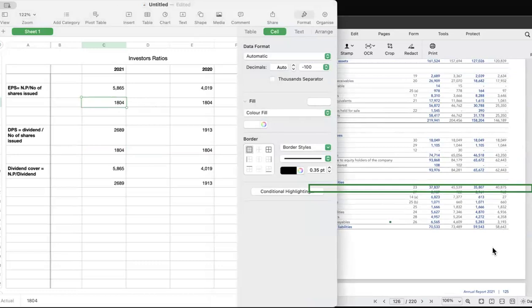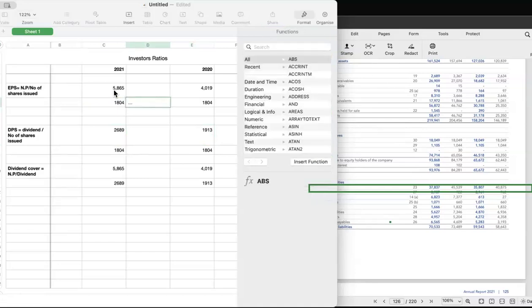Zahara's DPS, let me calculate it. Yes, that is correct. Wait. No, DPS is different. Yeah, DPS is actually different in both years because I told you I used the accurate dividend. Dividends are different in both years.